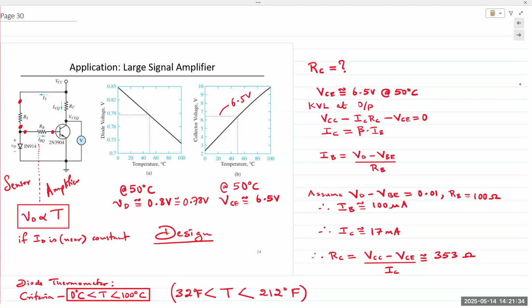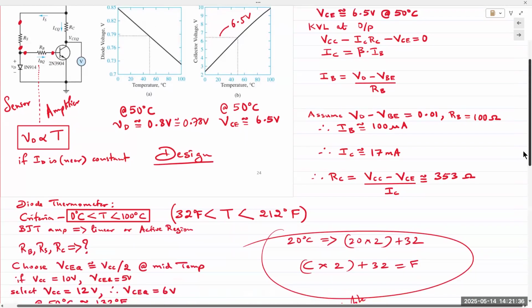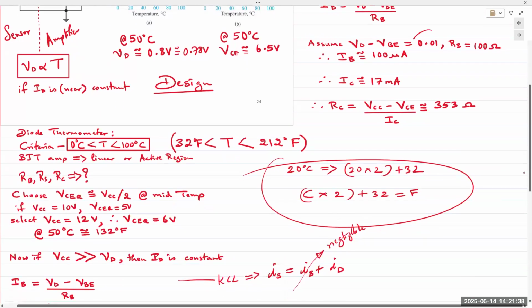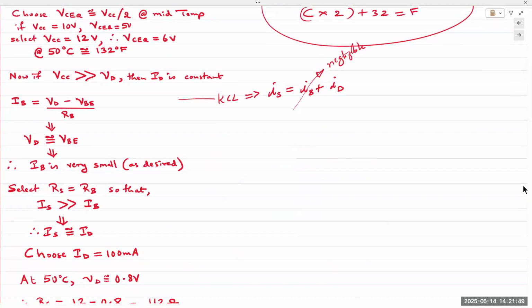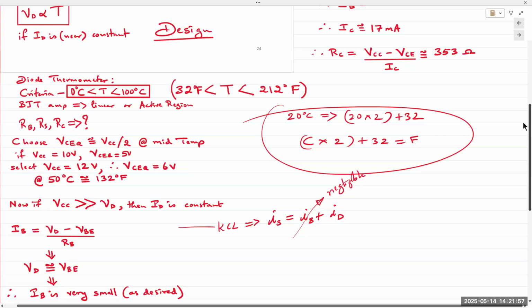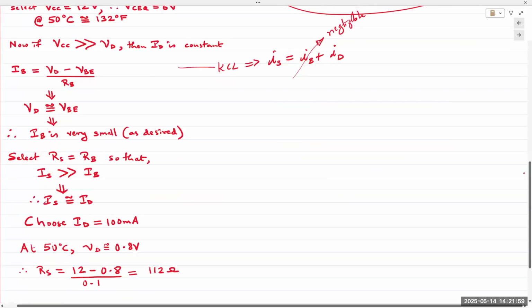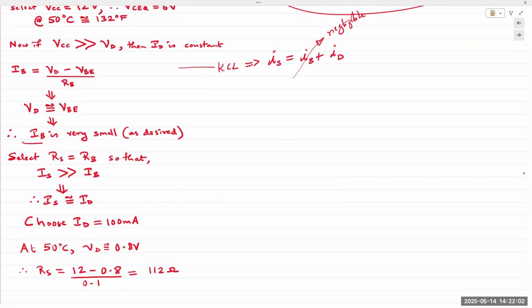We want VD minus VBE to be about 0.01 volts, 10 millivolts or so, right? They will technically be very close in value, but we want the difference to be very small. So IB is VD minus VBE divided by RB. VD, of course, is very close in value to VBE. We want IB to be very small.